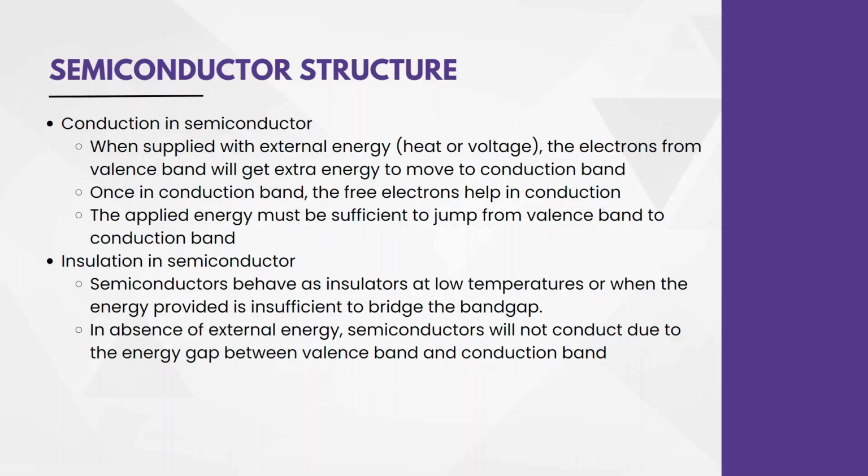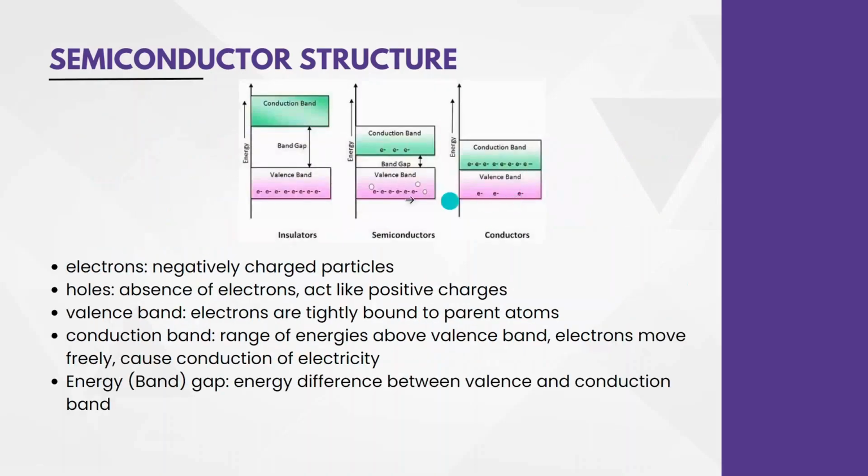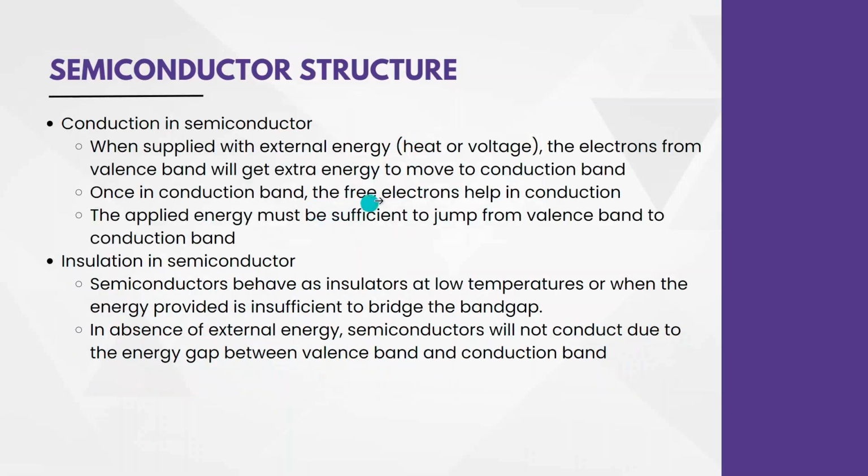So upon supplying external energy to a semiconductor, either in the form of heat or voltage, the electrons from the valence band, that is here, will gain that excess energy and they can clear this band gap and jump to the conduction band. Once these electrons are in the conduction band, they help in conduction, which means in this case, the semiconductor is behaving like a conductor.